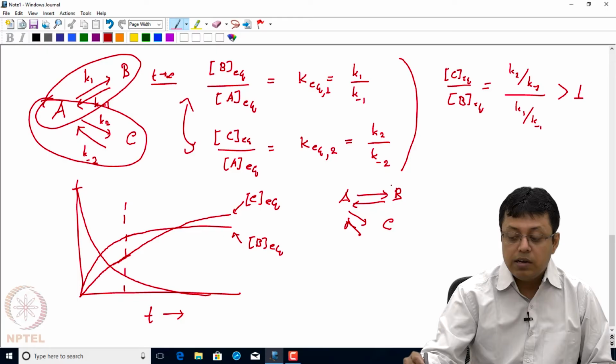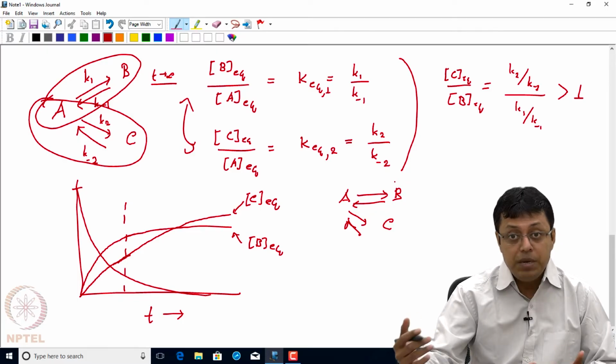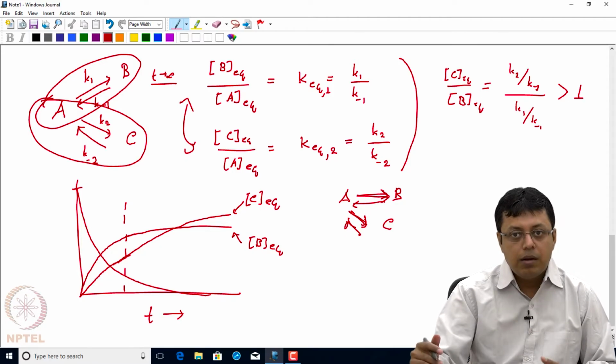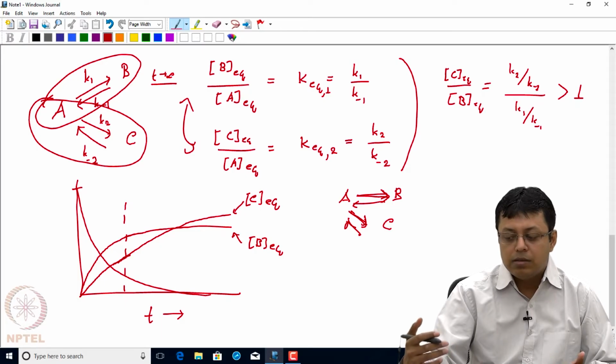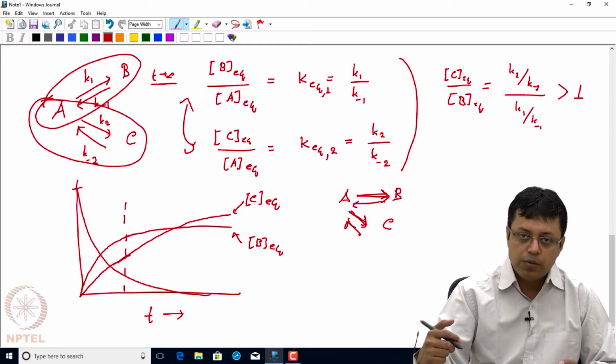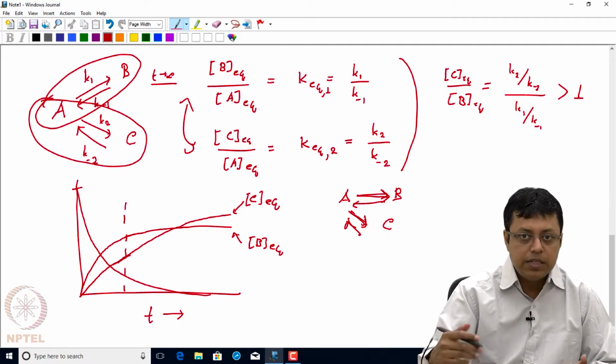So initially, if there is no B or C, only K1 and K2, the forward processes, will dominate. But later, when the reaction mixture has sufficient amounts of B and C, the reverse reactions also proceed, and then the entire thing might change. So the equilibrium ratios might be very different.